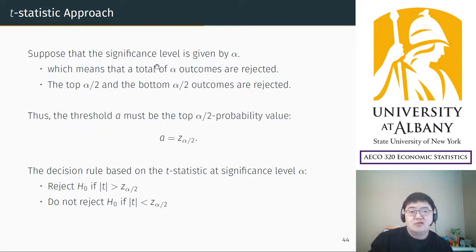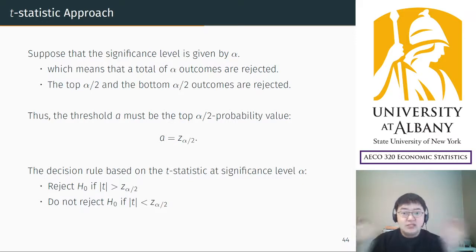So this means I am going to reject alpha probability outcomes. And when I say total alpha outcomes are rejected, you have to think about two tails.